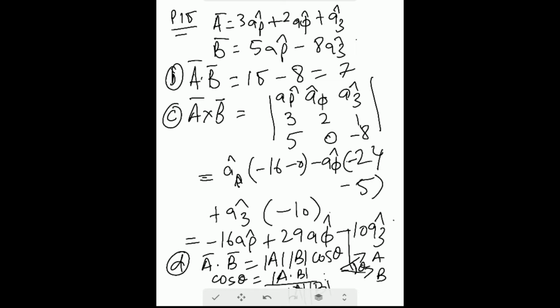So A dot B is 7 and the magnitude of A is the square root of 3 square plus 2 square plus 1 square, which is 9 plus 4, 13 plus 1, 14.